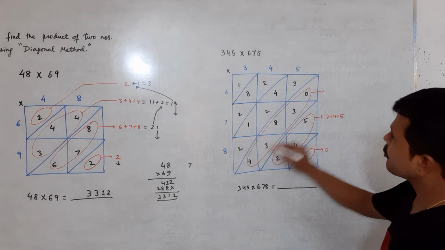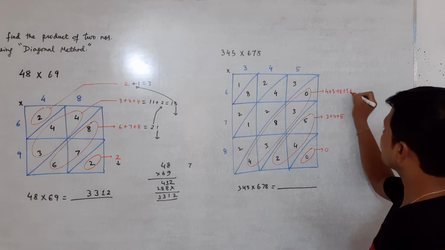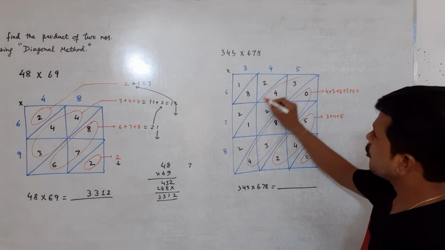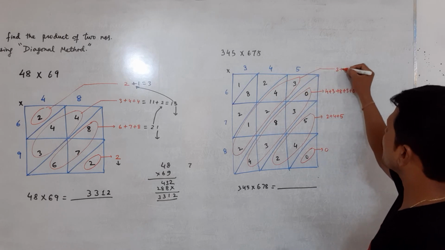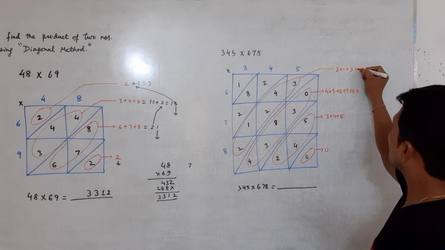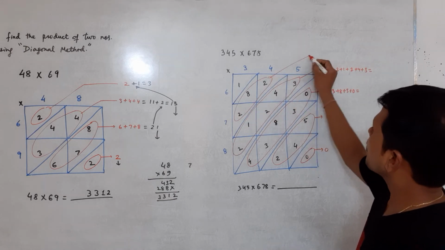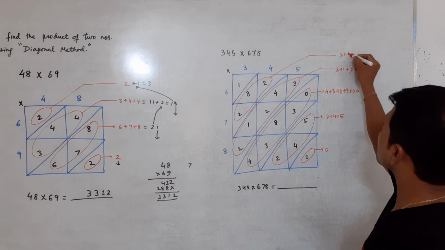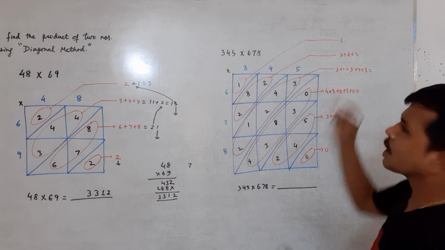This is equal to 4 plus 3 plus 8 plus 3 plus 0, whatever you have. Over here you have to add up this and write it over here. This is 2 plus 1 plus 2 plus 4 plus 3. This part you will add up and write it over here. This is 2 plus 8 plus 2. And last you have only 1. Note it down over here.